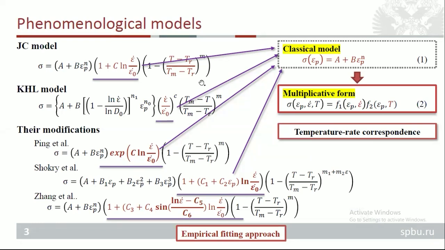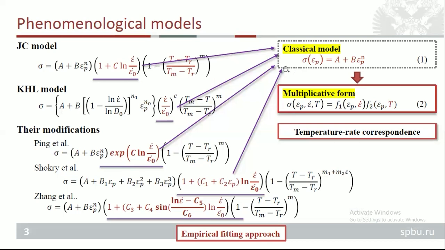And nowadays they are widely used in practice due to the simplicity and also the ease of implementation within finite element frameworks. They typically introduce empirical components, which depend on the strain rate and temperature, into this well-known classical basis, which was initially developed for the quasi-static case.